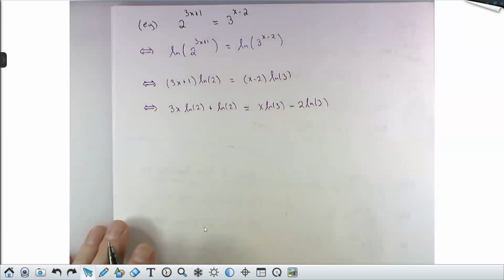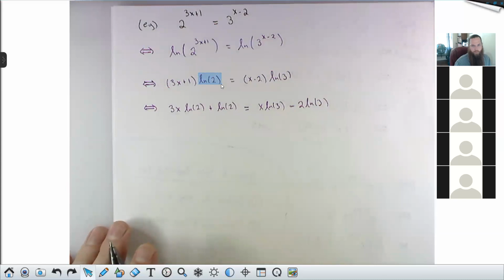Okay. Again, don't be intimidated by the notation. Just remember this is a number. This is a number. It's one number. So this term has an x in it, and this term has an x in it. The others do not. So the terms with x's, I'll pull to the left, and the terms without x's, I'll pull to the right.